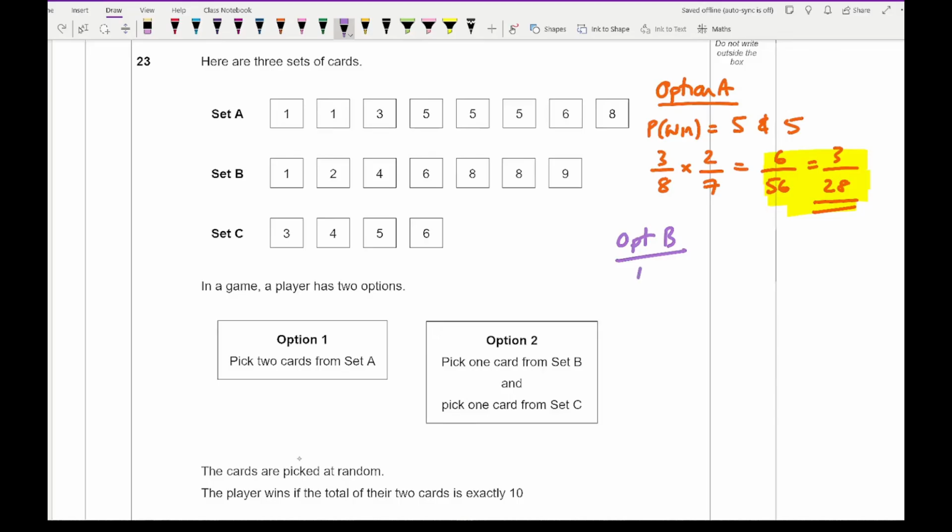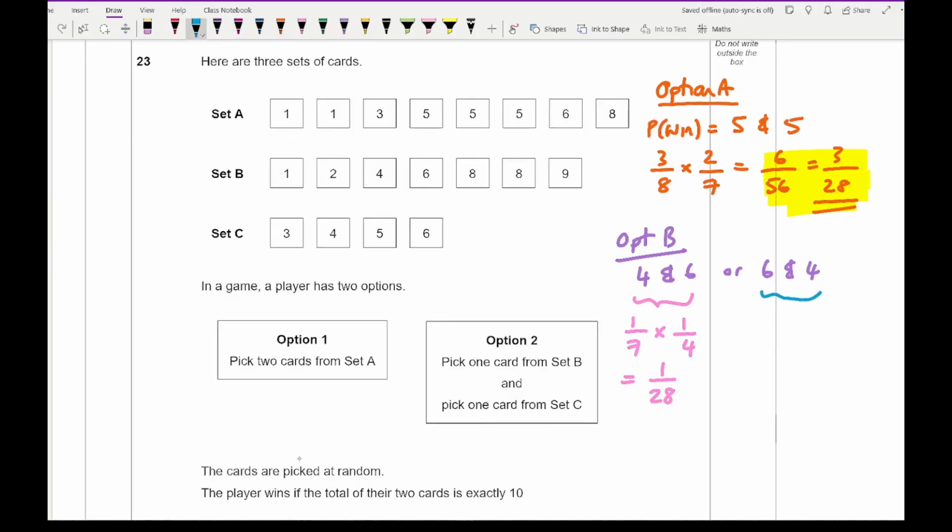I can either get a 4 from set B and a 6 from set C, or I can get a 6 from set B and a 4 from set C. So looking at the first one, 4 first will be 1 out of 7 multiplied by 1 out of 4, which comes to an answer of 1 over 28. Then, if I use a different colour, let's go for blue.